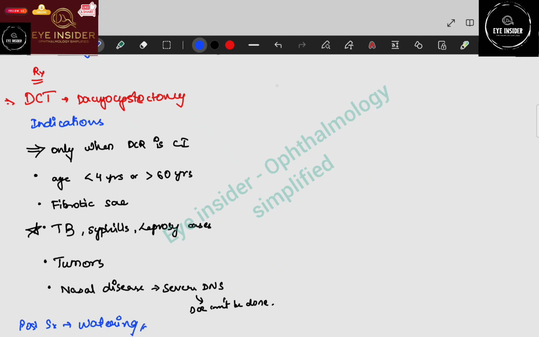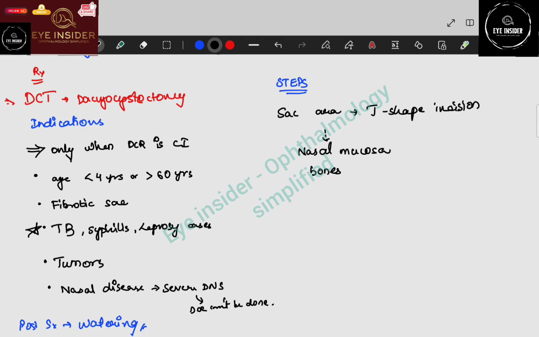The steps include identifying the sac area and giving a J-shaped incision over the lacrimal sac area. Then we will dissect it. We will see where the anterior canthal ligament is, where the lacrimal fossa is, and then the wall of the sac is identified.